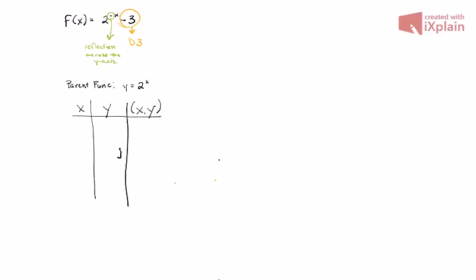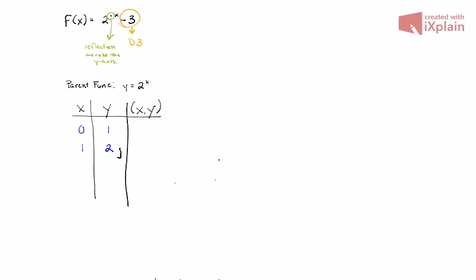Note that there were a couple of points that we were able to pick out when we were evaluating the 7 different characteristics that make an exponential function an exponential function. So one of our points is going to be at 0, 1, and the other point would be at 1, 2.